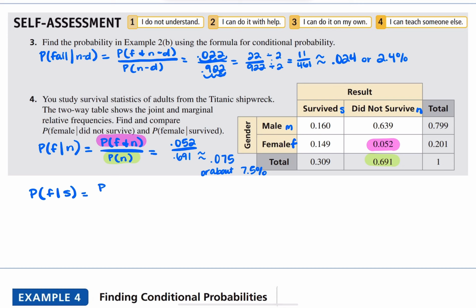So we need to find the probability that they're female and survived over the probability that they survived. So female and survived is here, 0.149, over the probability that they survived, the total here, 0.309.